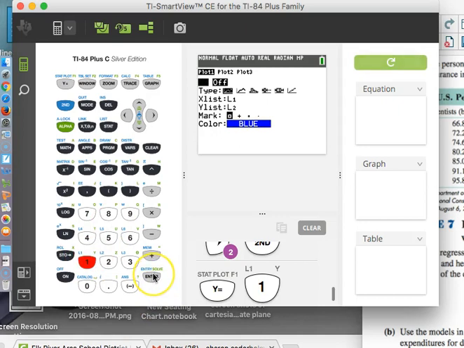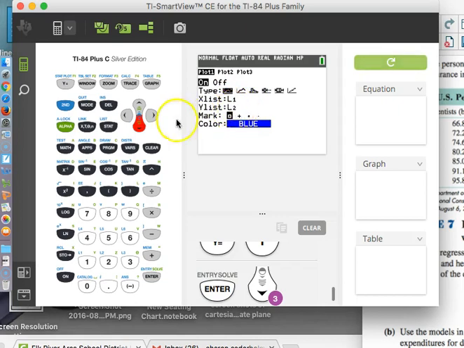So while we see the cursor going black and then transparent over the word on, that's what we want to do. We want to hit enter, and it is on a scatter plot, and I will just use the first list, which was the years since 2000, and the second, which was the dentistry numbers the first time around. So I'm just going to go ahead and hit enter on that.